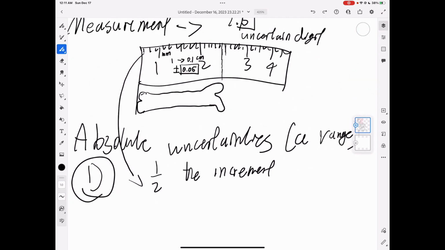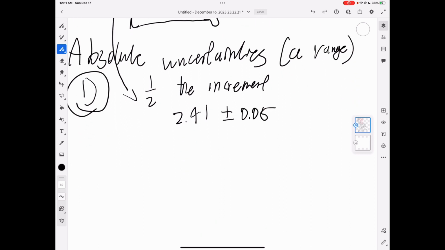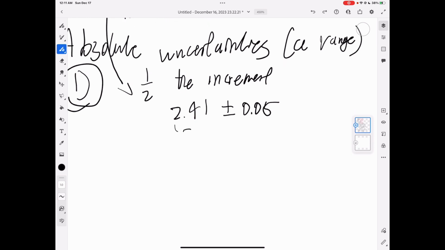So let's say, going back to the earlier example, we put 2.41, I believe, and we have the plus or minus 0.05. So if you remember, we wanted to put 2.409, maybe because we thought that was more accurate, but we can only have one uncertain digit.